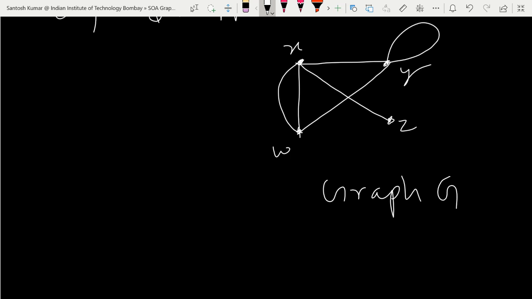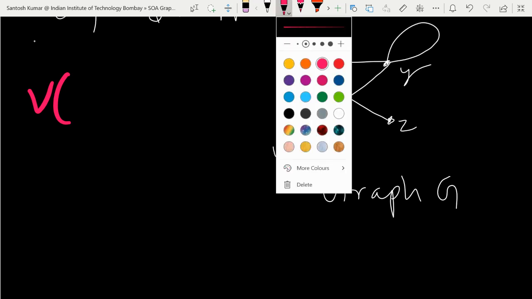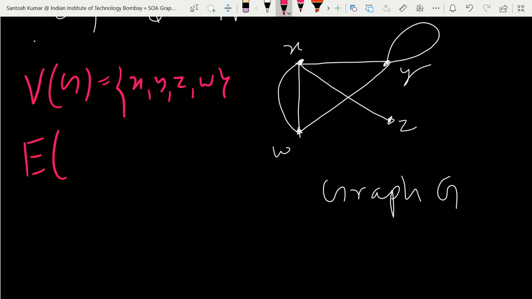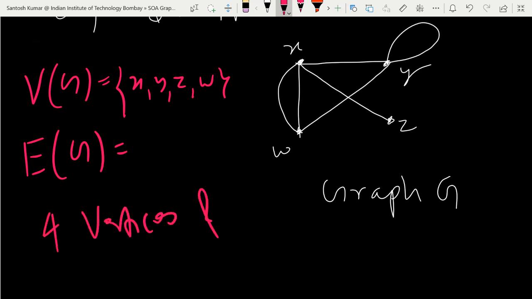So graph G. So the vertices are x, y, z, w. Let me write this, V of G, the vertex set x, y, z, w, right? And edge set. So how many edges does it have? So it has four vertices and six edges. Yes, everyone, are you sure?